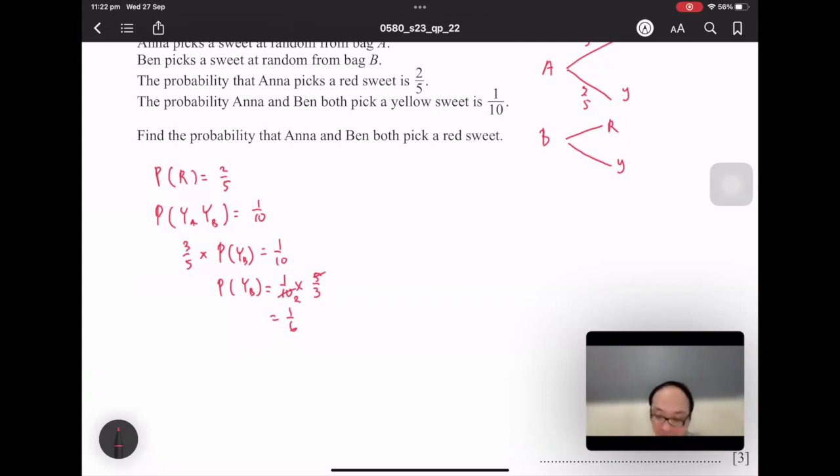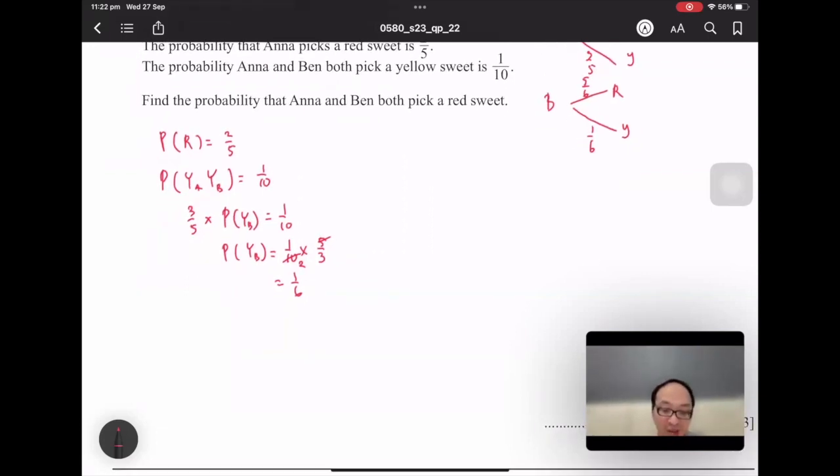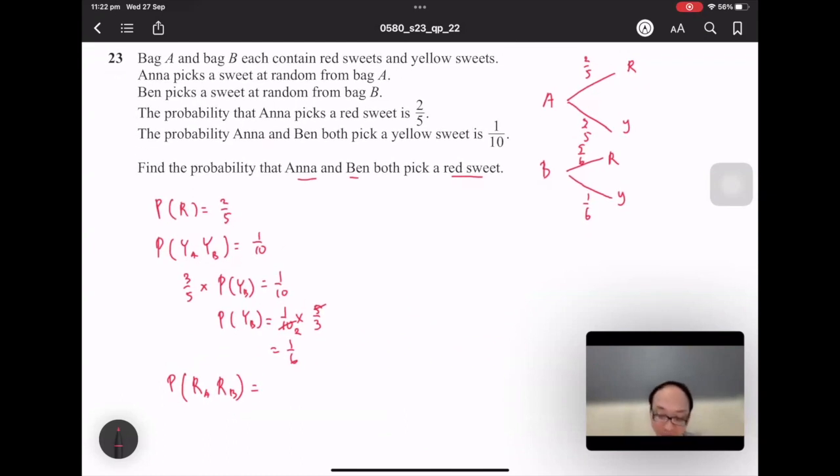So yellow is 1 over 6, that means red is 5 over 6. Find the probability that Anna and Ben both pick a red sweet. So the probability of red from A and red from B is 2 over 5 times 5 over 6, which is 1 over 3.